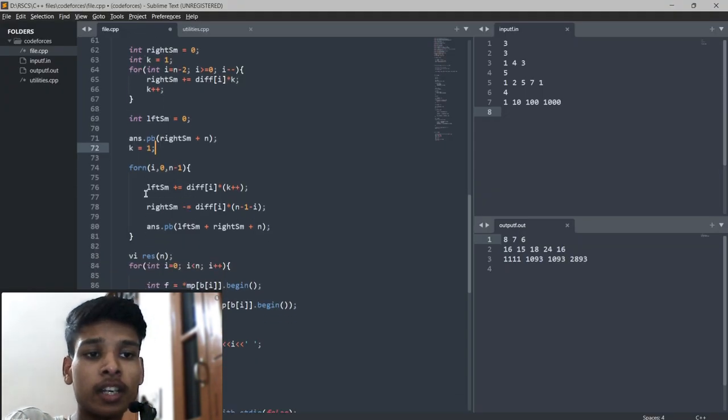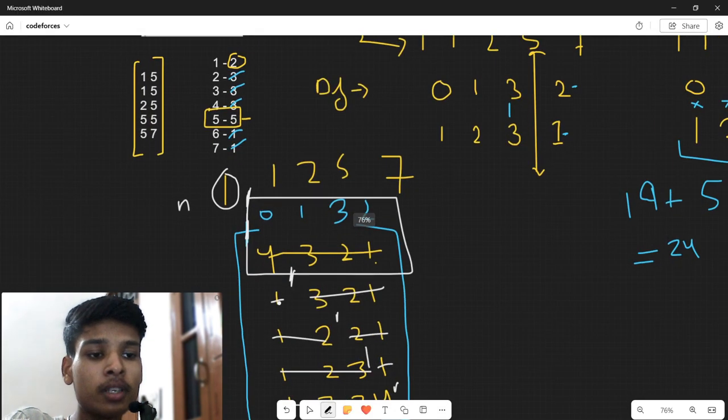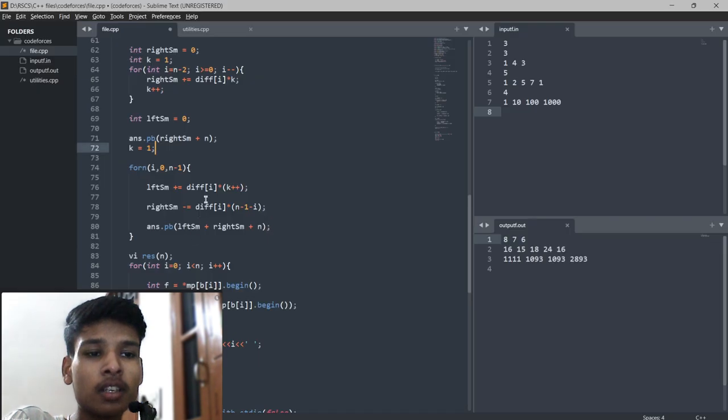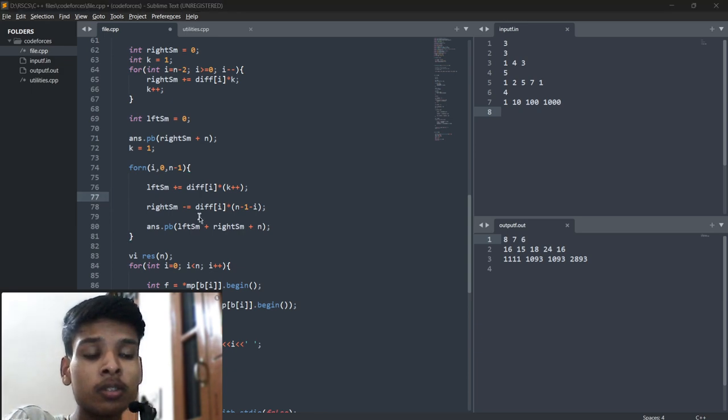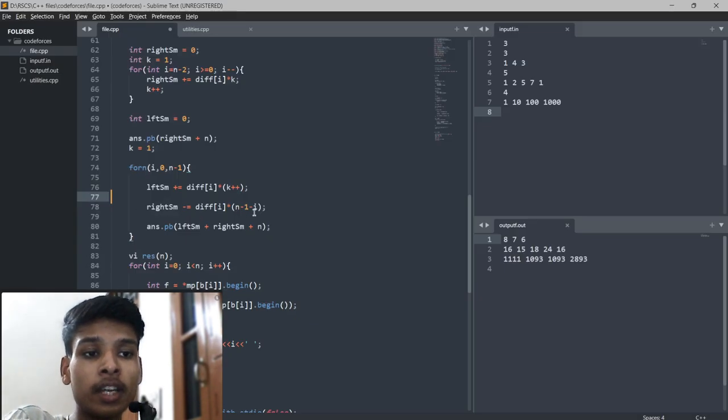Now I can simply calculate my left sum. In this case my left sum is 1 multiplied by the adjacent difference, so I have initialized k again with 1. I will multiply my difference at i with my integer k and add it to my left sum. I will also remove my right sum at this position.